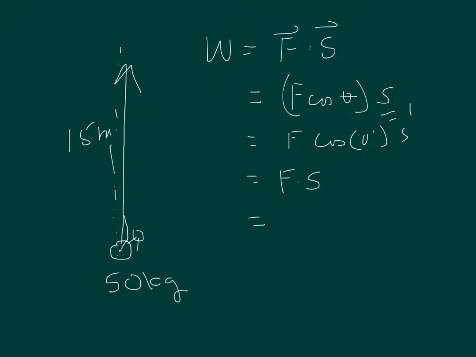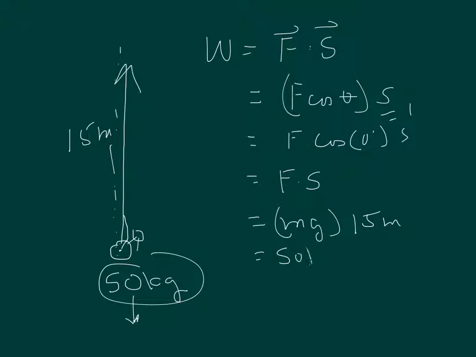What is our force? Well, if this is 50 kilograms as our mass, the force must be mg. That's pulling down, and we have to work against that. We multiply that by the distance of 15 meters. So this would be 50 kilograms, 9.8 meters per second squared, 15 meters.